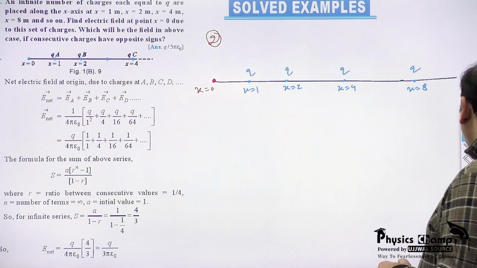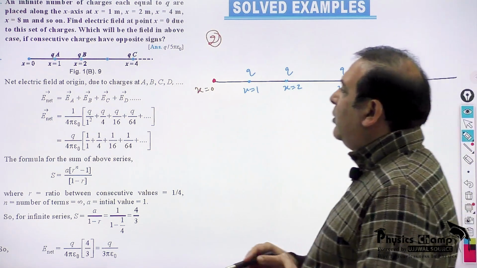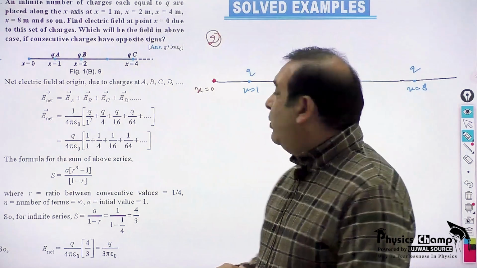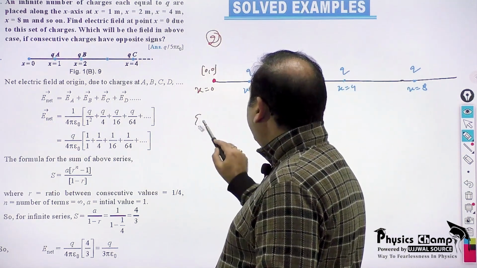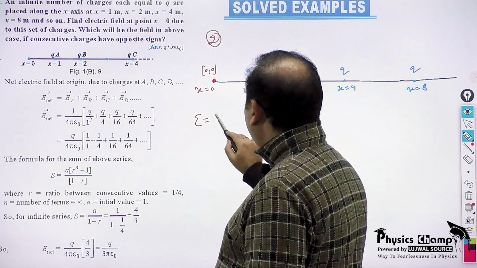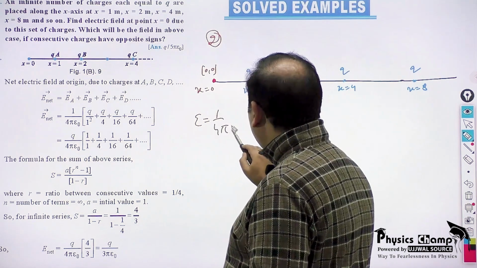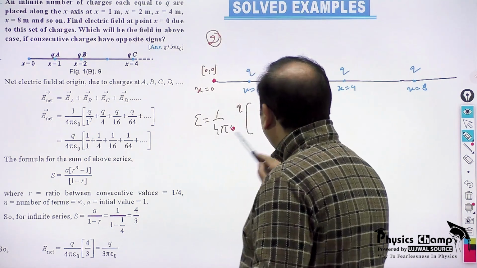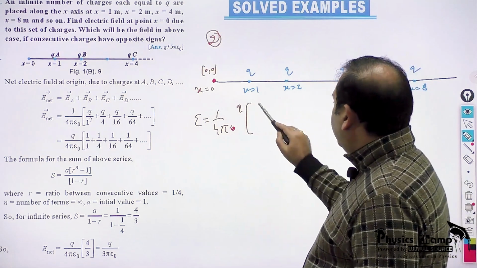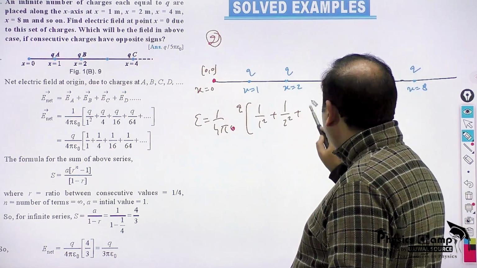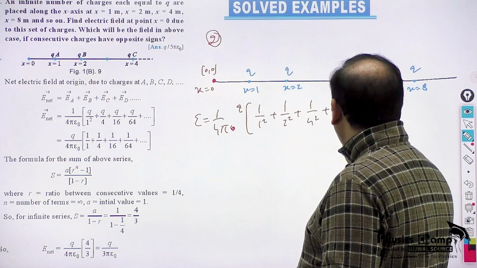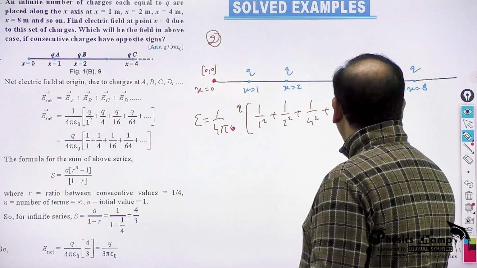What will be the net electric field at O, at origin? So the net electric field at origin will be 1 by 4 pi epsilon naught q into (1 by 1 square plus 1 by 2 square plus 1 by 4 square plus 1 by 8 square plus so on).